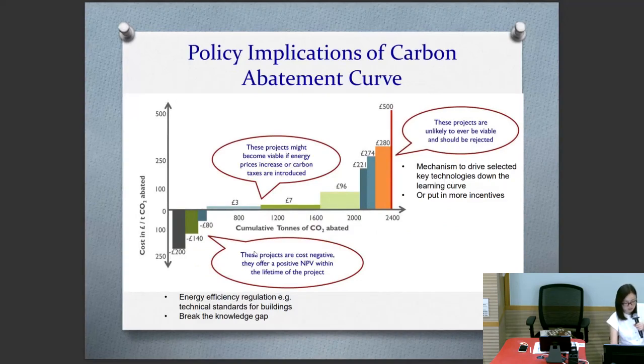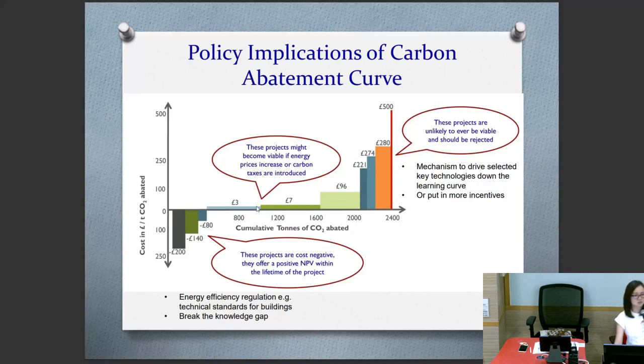For these projects, the cost is negative. It means they offer a positive net present value. Positive net present value means that you can earn money within the lifetime of the project. So they are highly recommended. And then these projects might be viable, might be feasible if the energy price increases, or you have to pay the carbon tax.